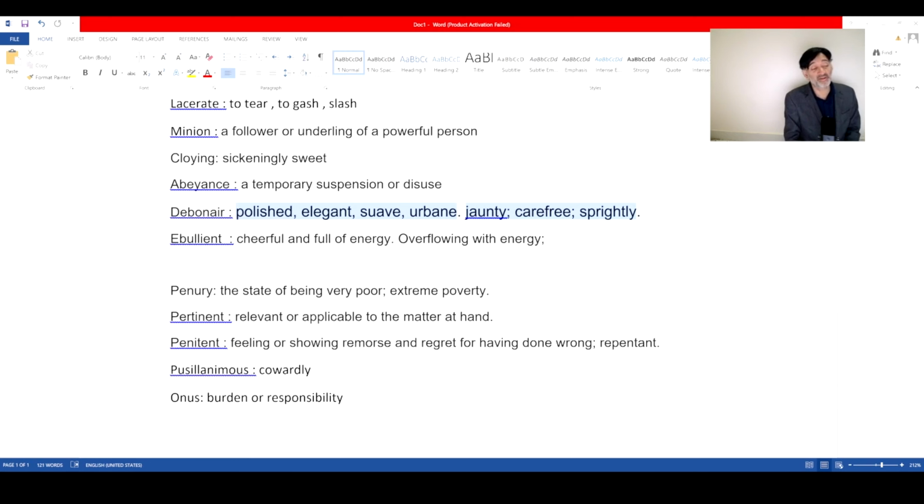So, the government realized that it was incumbent on them to pass certain rules or laws. So, it is something that is binding, necessary, or obligatory. Incumbent. Let me write it down.